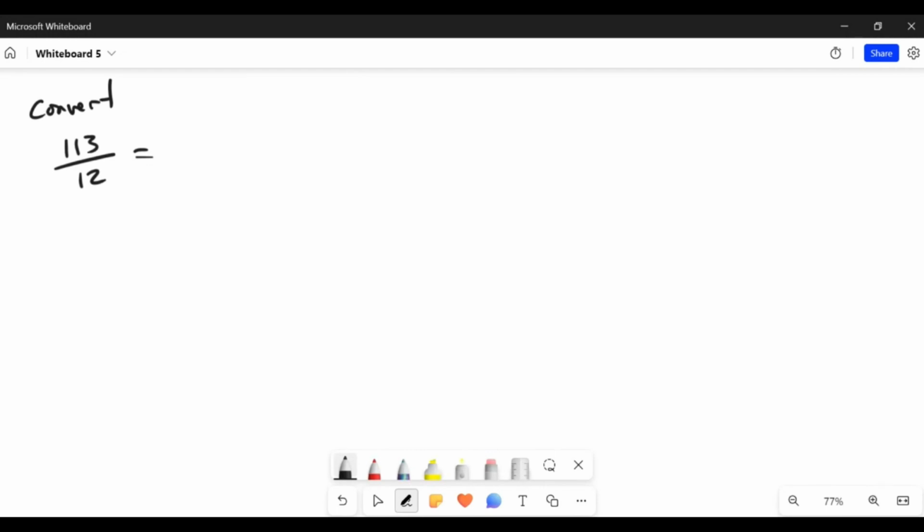Okay, so to do this process, we have to take 12 and divide it into 113. I am not going to do all that long division. I'm going to use my calculator and take 113 divided by 12, and you get 9.41 and so on.